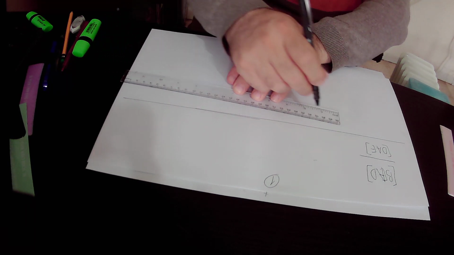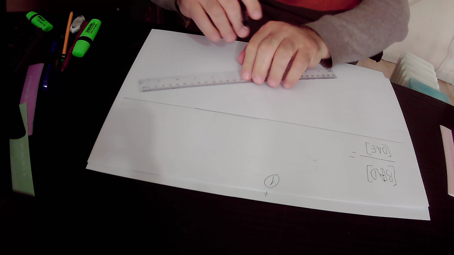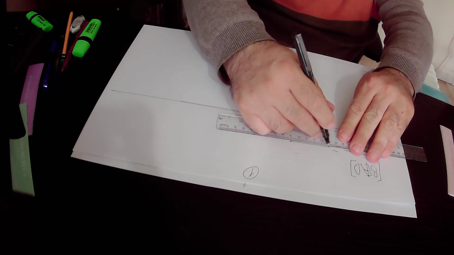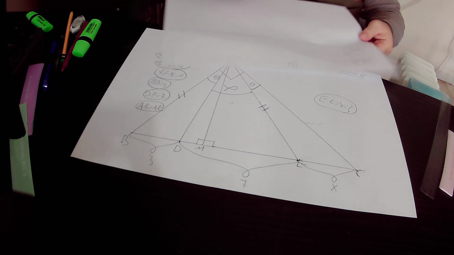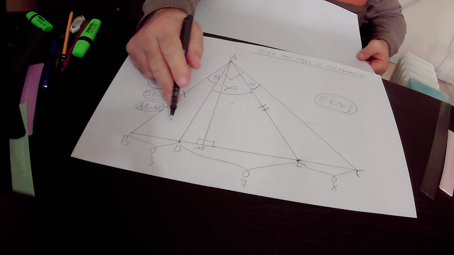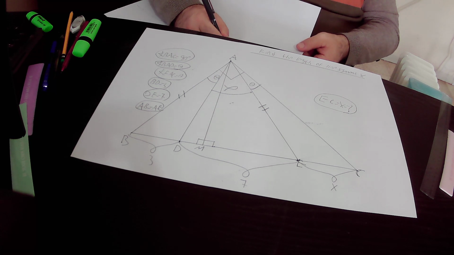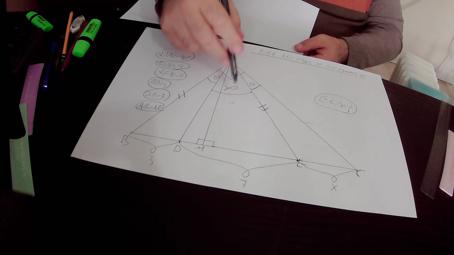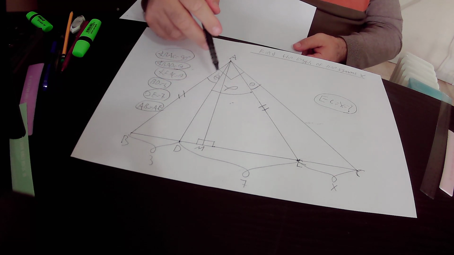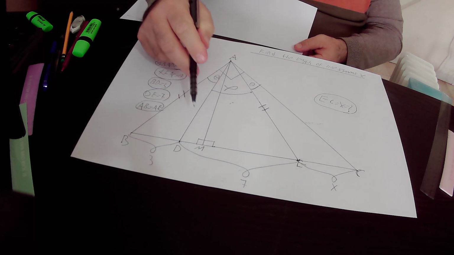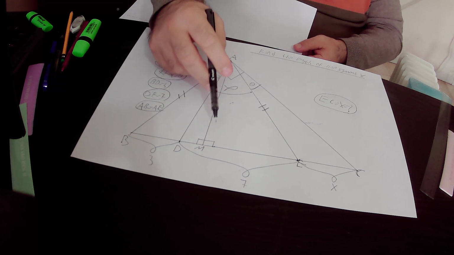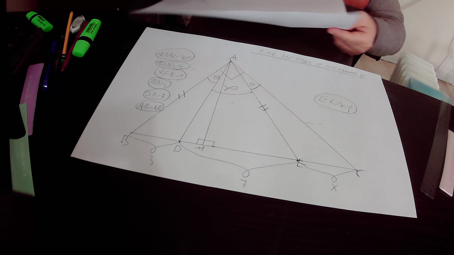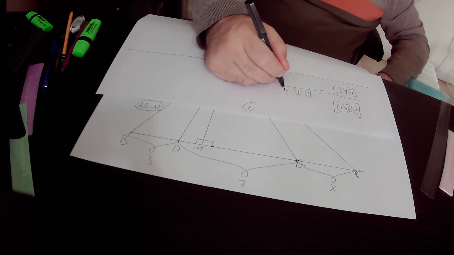So what is the area of triangle BAD? The area of triangle BAD equals the base of the triangle, that is BD, times the height to the base. The height must create 90 degrees with the base BD, and you can see here that AM indeed creates 90 degrees with the base BD, therefore the height is AM over 2.